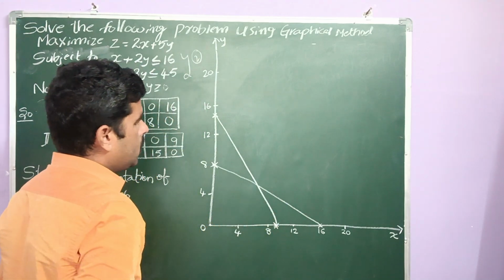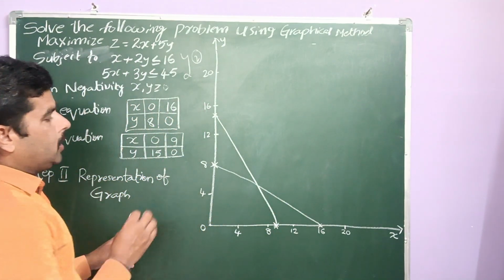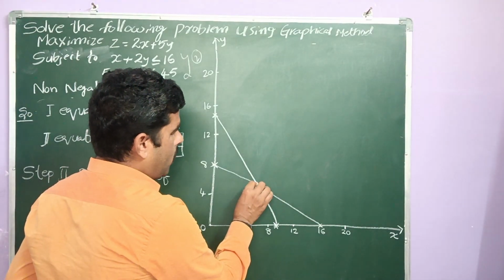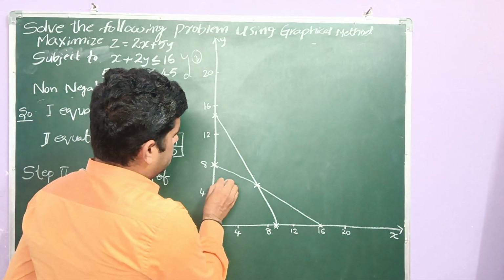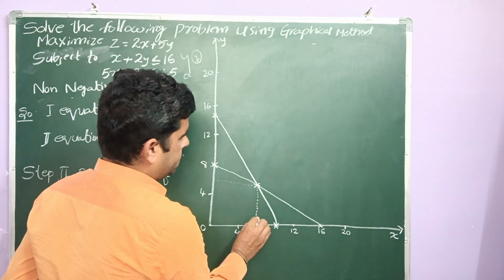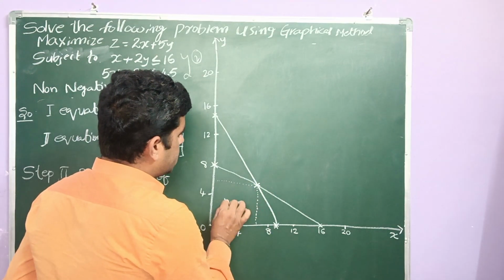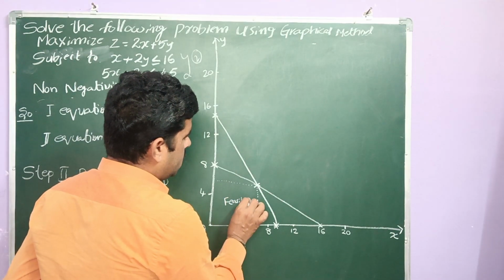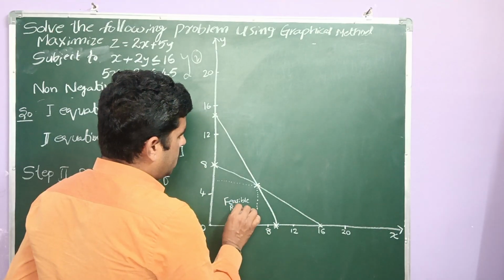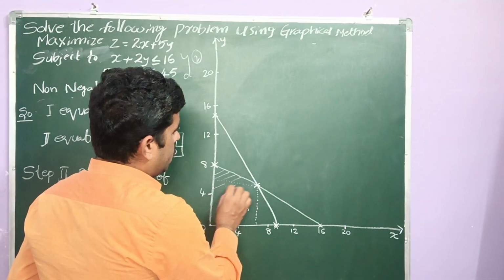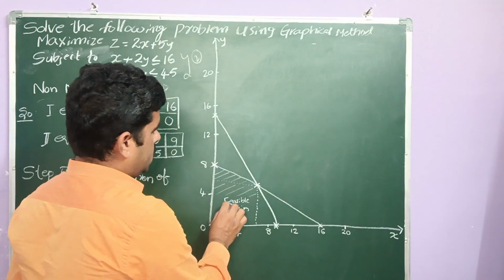After getting these lines, see, this is the intersecting point we call. So simply keep dotted lines. Okay, this region is called the feasible region. So in this way, draw the lines.